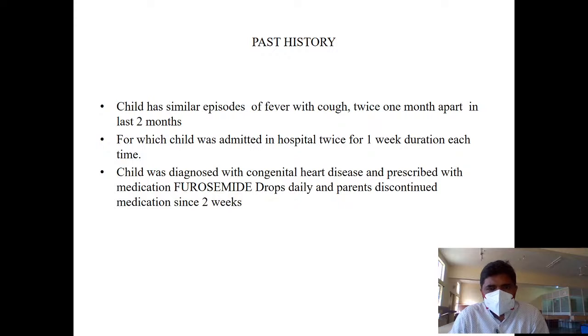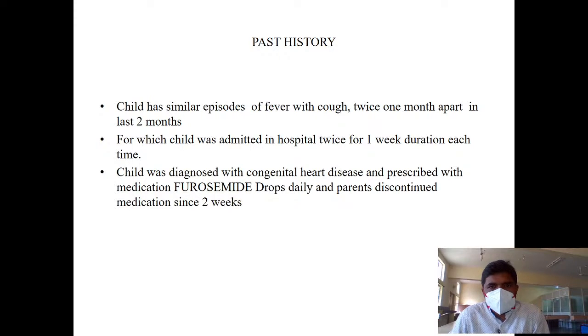So severe VSD. This child might be having a congenital cardiac problem, which is congenital in nature, which is a left to right shunt, and probably VSD. And that VSD could be severe VSD because this child is having pneumonia as well as CCF. So that's how you need to conclude at the end of history of present illness and past history together.